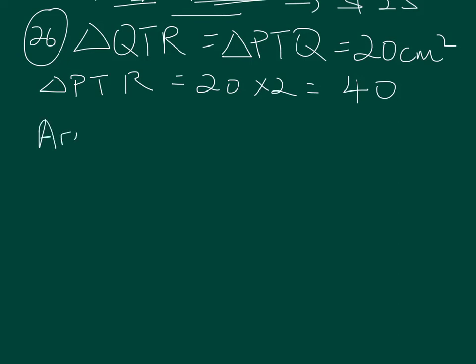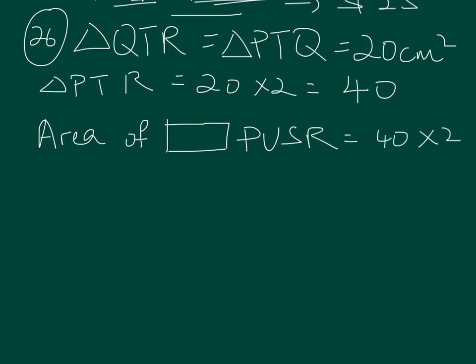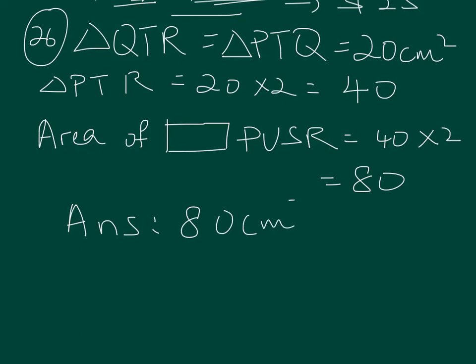Now we have the area of rectangle PUSR equals 40 times 2, which is 80 centimeters square. And that's my final answer for question 26, 80 centimeter square.